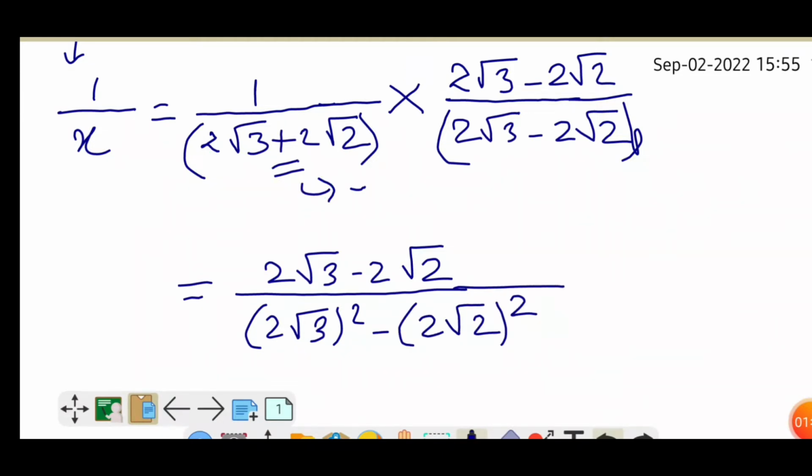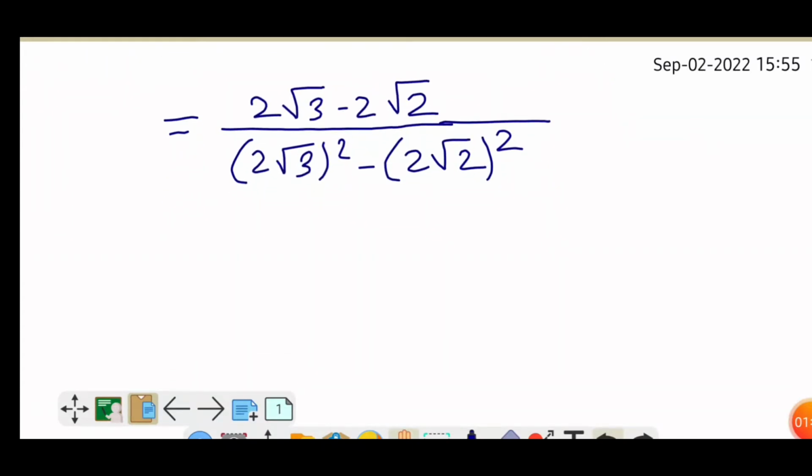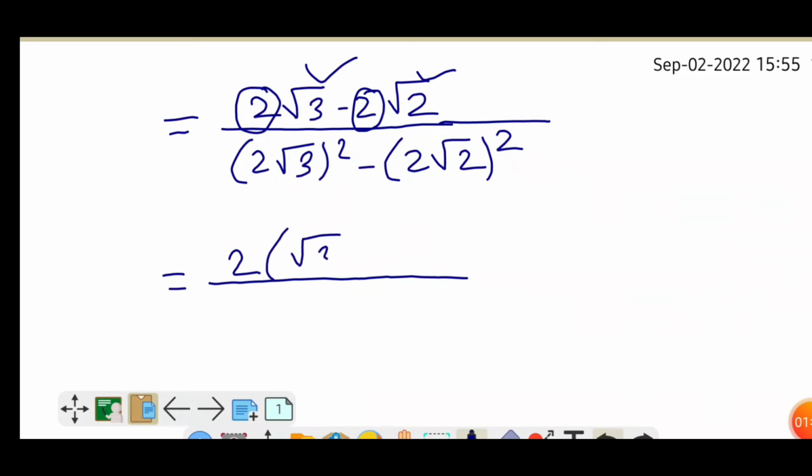So now we're going to solve it. In the numerator, 2 is common, so we'll take out 2, and inside the bracket it will be root 3 minus root 2.